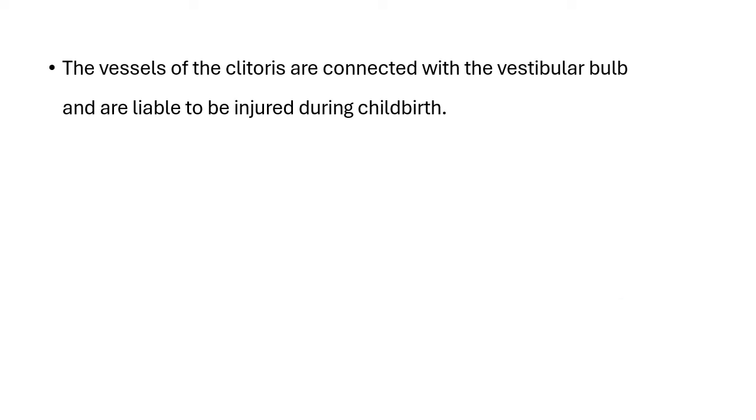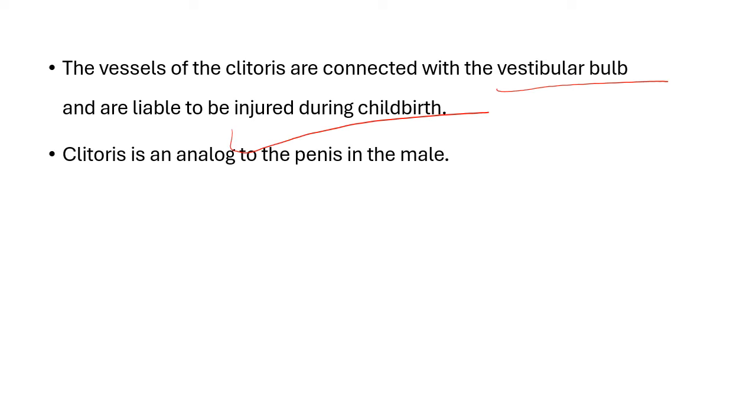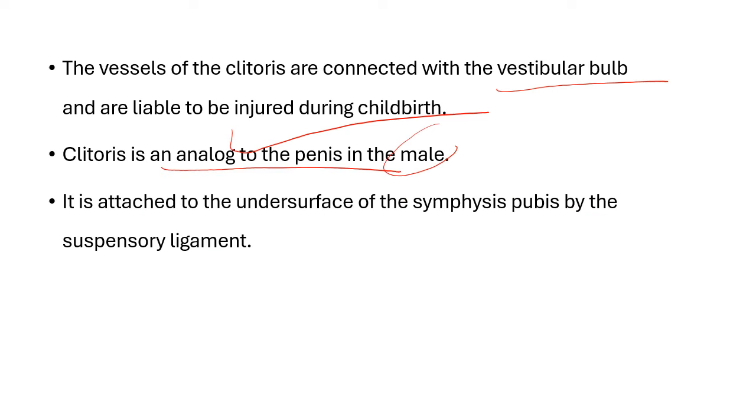The vessels of the clitoris are connected with the vestibular bulb, which is injured during childbirth. Clitoris is analogous to the penis in the male. It is attached to the undersurface of the symphysis pubis by the suspensory ligament.